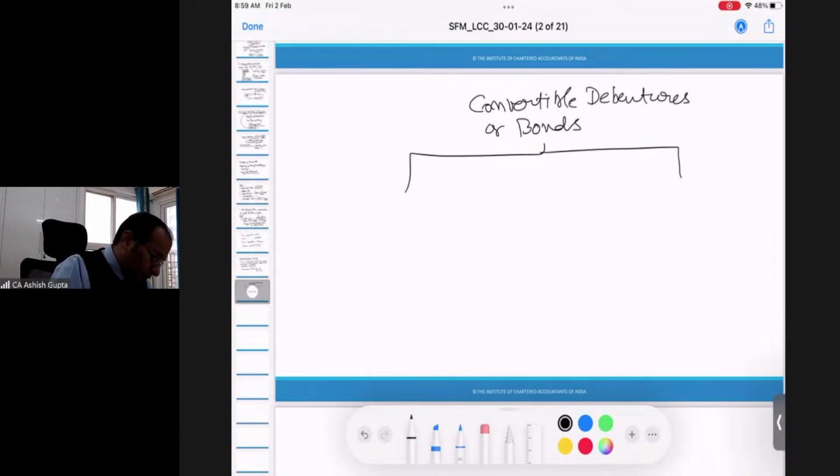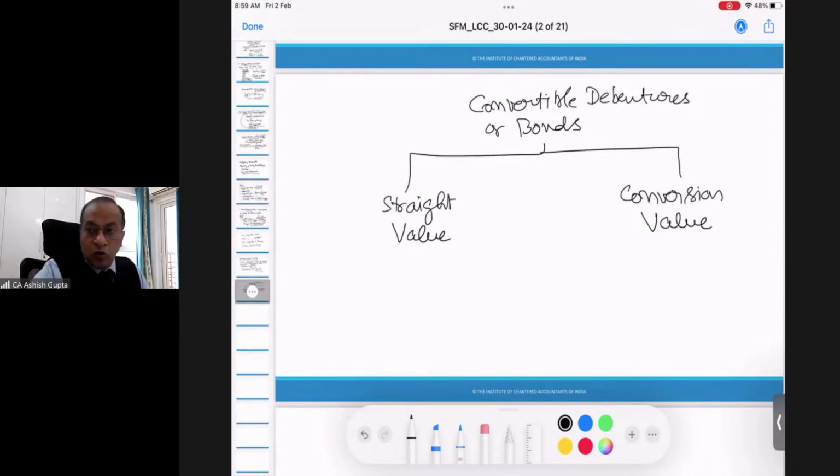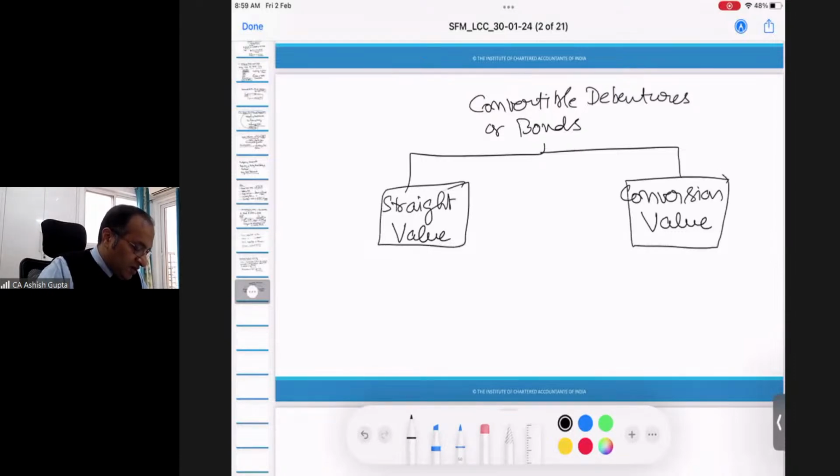There are two points in regard to convertible debentures we have to see. One is straight value, another is conversion value. Straight value means simply the PV of the bond that we have solved till now.